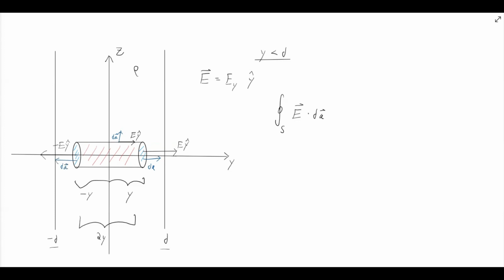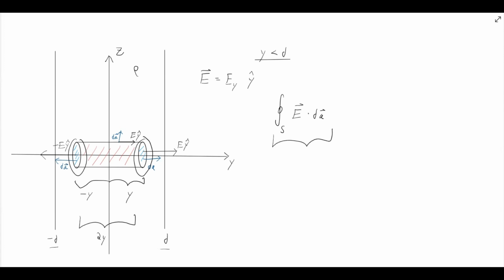And so we see here that when we do the dot product, we can separate this integral into 3 different integrals, one for each surface. So when we do the dot product, only these 2 faces will remain because they point in the same y hat direction. And for the curved surface, we know that since dA and the electric field point in different directions, it will be 0 for the dot product.